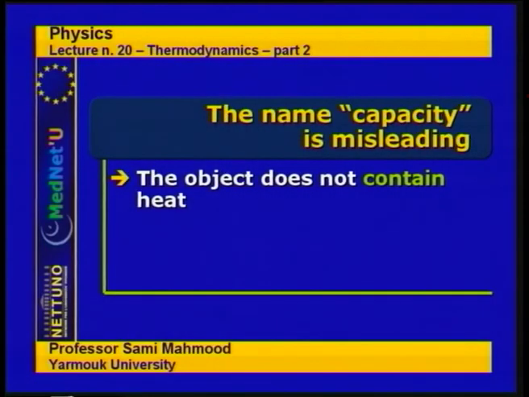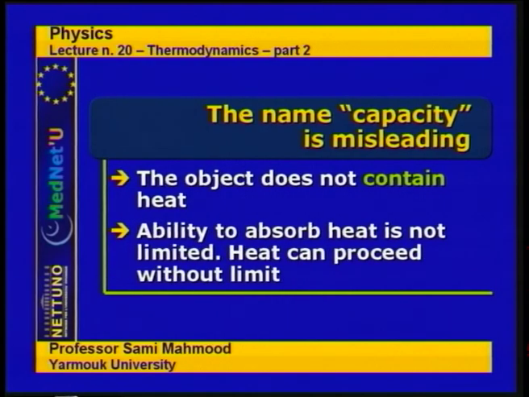The name capacity could involve the meaning of containing something, because when we say that a pot has a capacity of this many liters of liquid, then we can put that much liquid into the pot, and thus the pot contains the liquid. However, the object does not contain heat, so the name is misleading in this sense.